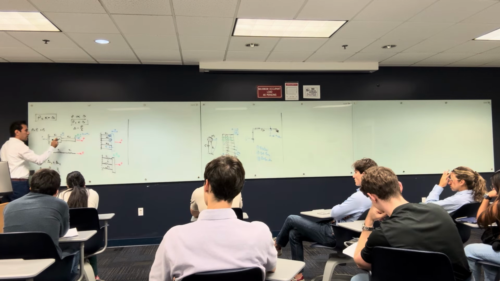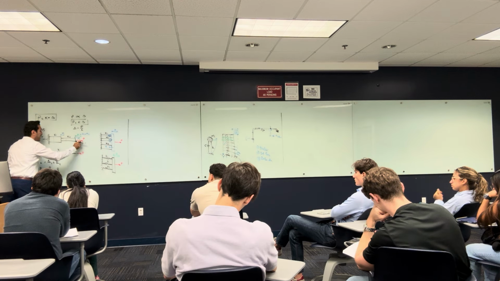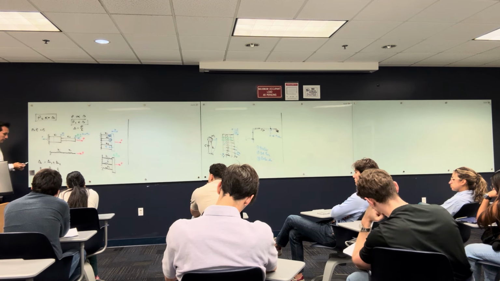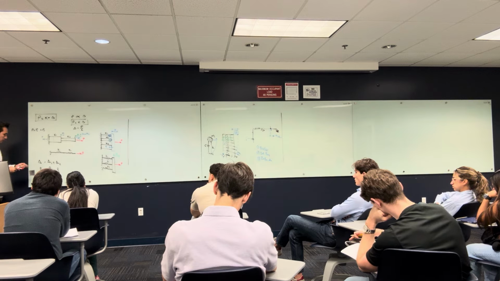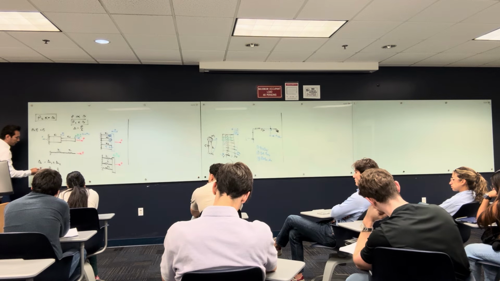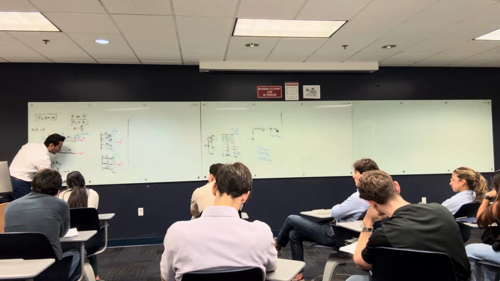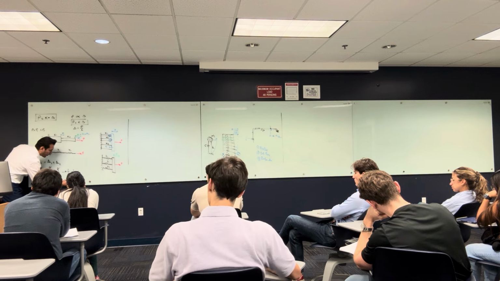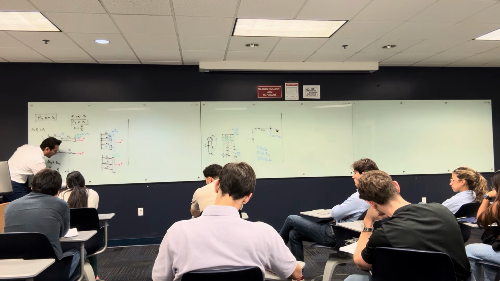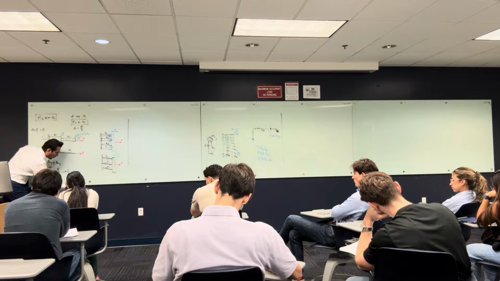The normal force here is the same as the normal force here, equal to B. So I can divide by B, and all this is gone. So 1 over K equals 1 over K1 plus 1 over K2. If you want to find K, it is K1 K2 over K1 plus K2.